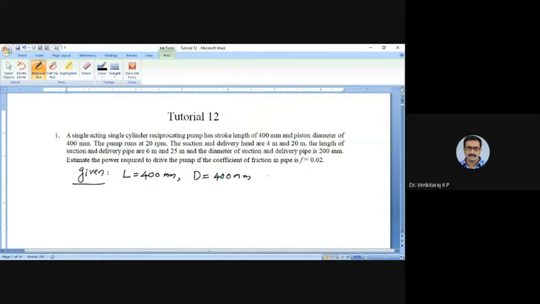Then speed of rotation of the pump N is 20 rpm. Then suction and delivery head, that is suction head HS is 4 meter, and delivery head HD 20 meter.